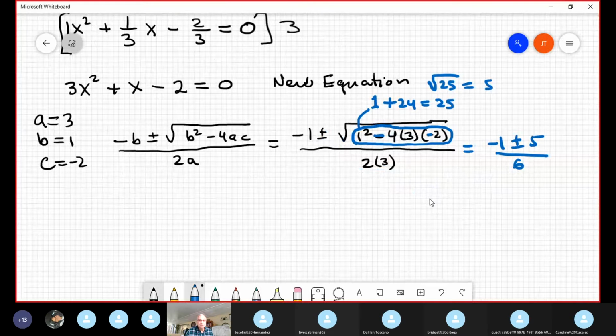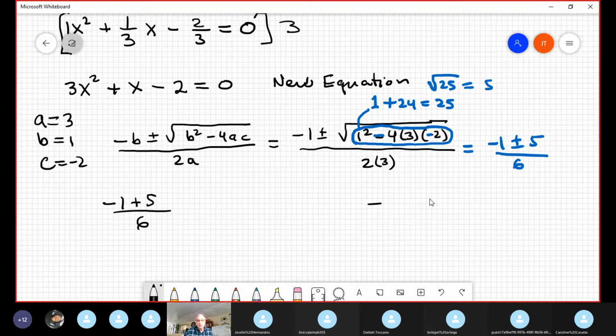The first piece is minus 1 plus 5 over 6. And minus 1 minus 5 over 6. So 5 minus 1 is 4 over 6. Reducing to lowest terms is 2/3. This is my first answer.